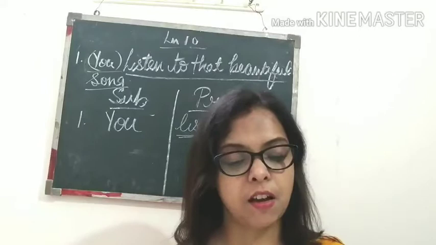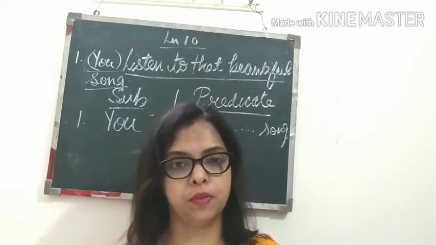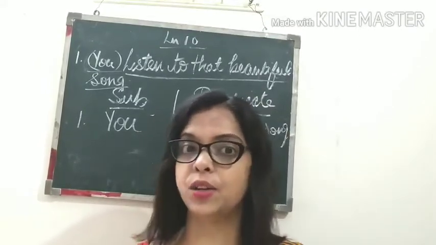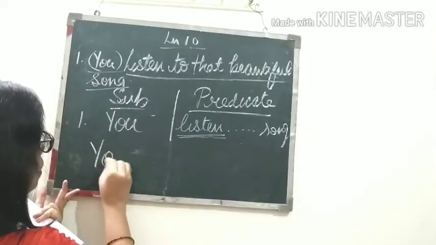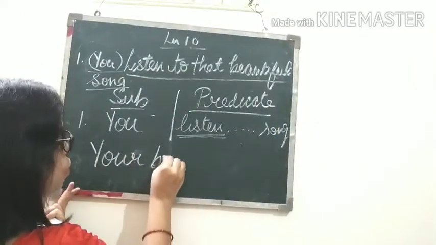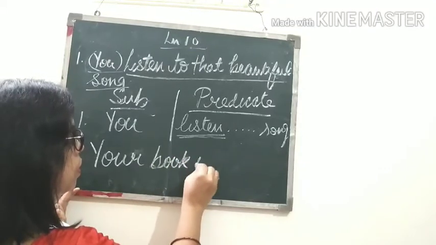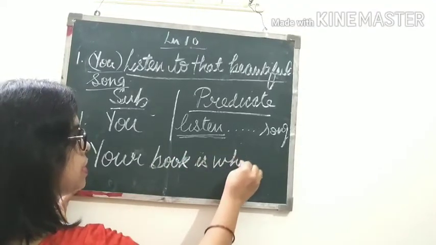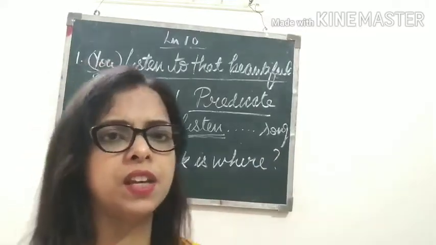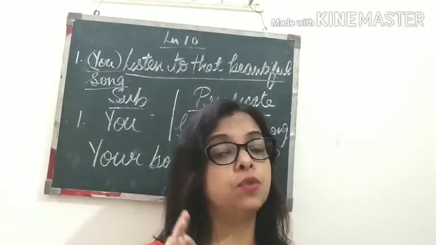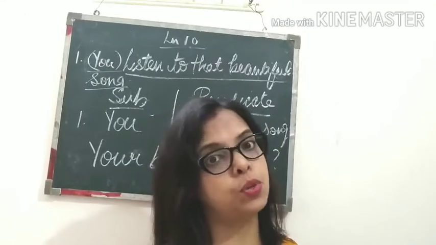Second sentence, where is your book? Or if we rephrase it, like I told you earlier, we can write: your book is where? See, it is an interrogative sentence, right? In an interrogative sentence, if we rephrase it, it will be easier for us to take out the subject.